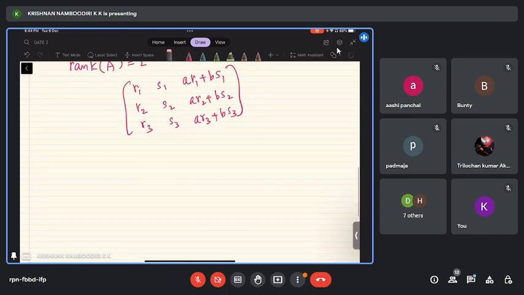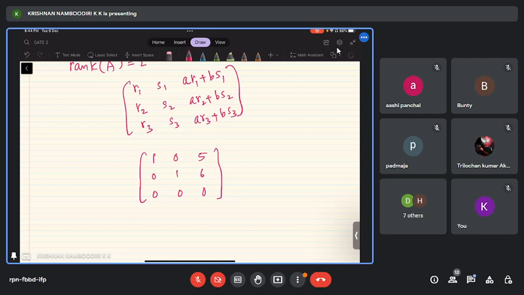I will again give you an example. Say I have a matrix with columns 1, 0, 0 and 0, 1, 0, and the third column is, say, 5, 6, 0. What is the rank of this matrix? Five times the first column plus 6 times the second column is the third column, right?